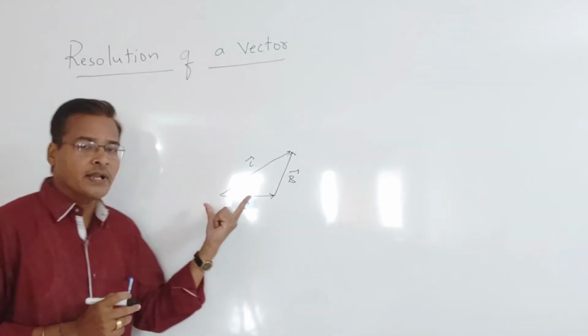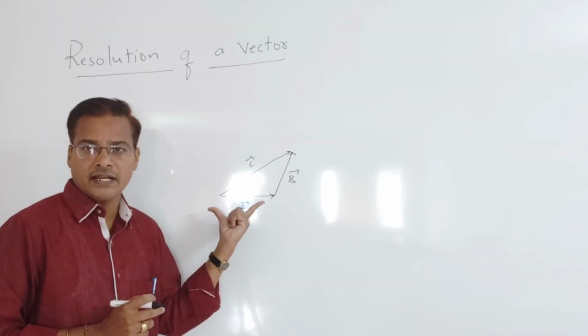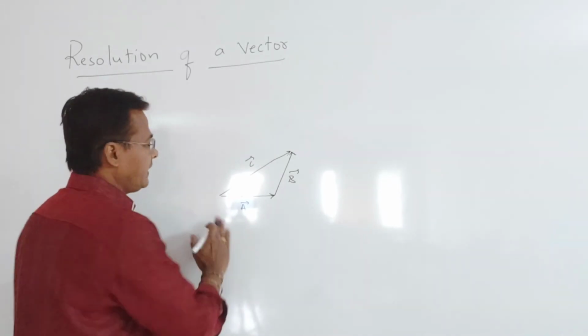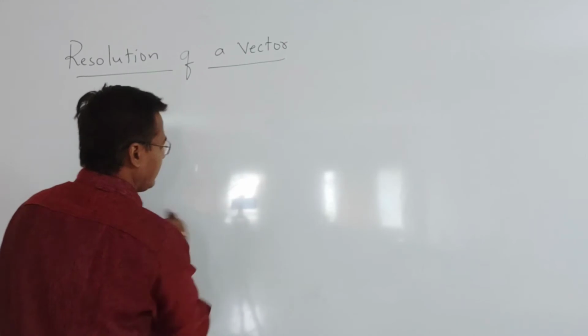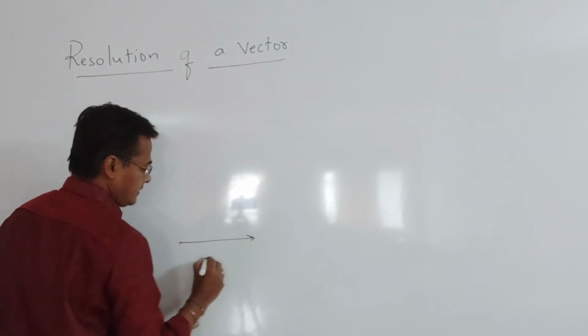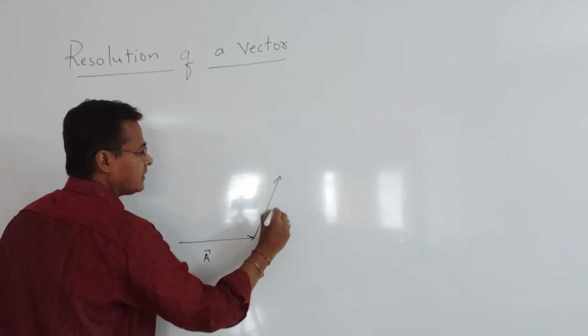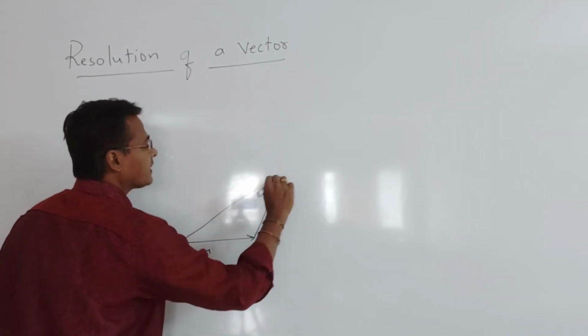So for example, I have taken this triangle. This is the A vector, this is the B vector, and this is the resultant vector, the C vector.